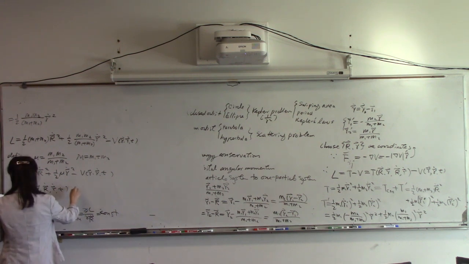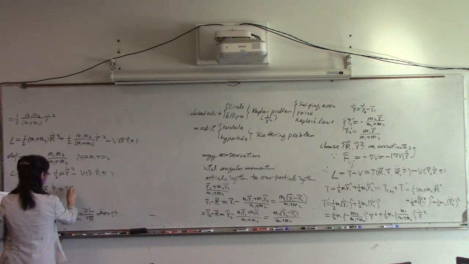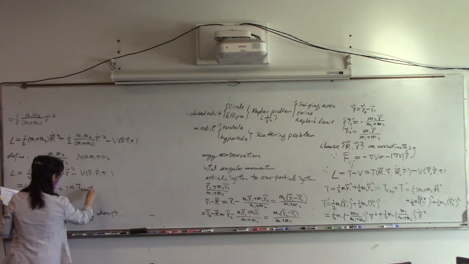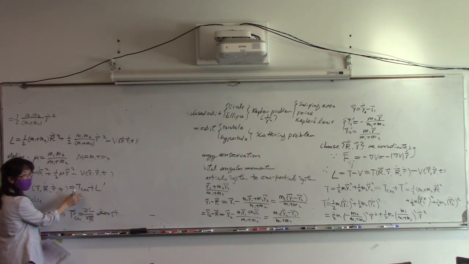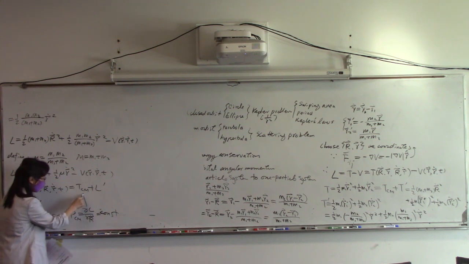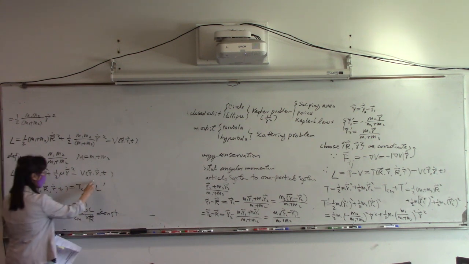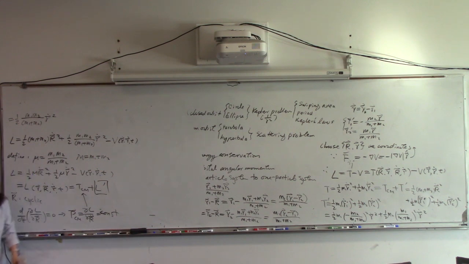So now, if that is the case, we are going to write it this way. Because this is constant, this also stays constant, right? Then the total Lagrangian, actually the variable is this one.